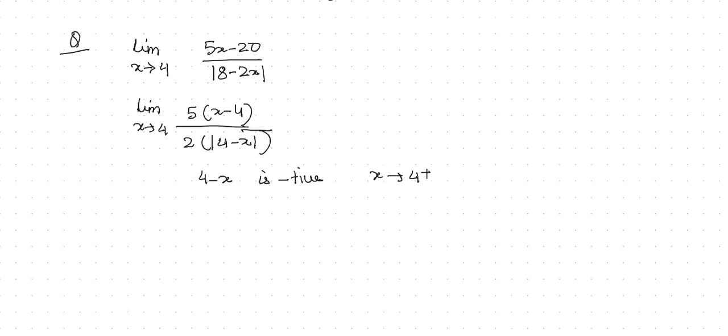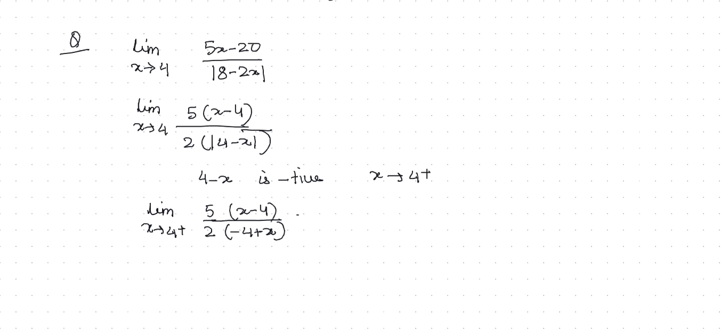So the limit as x tends to 4 plus, this would be 5 over 2 and this would be negative, 4 plus x. And this would be x minus 4.